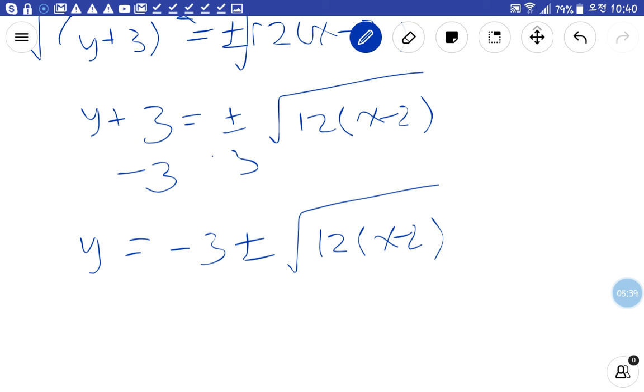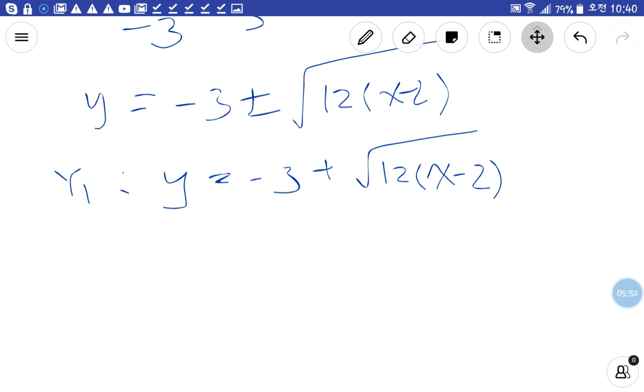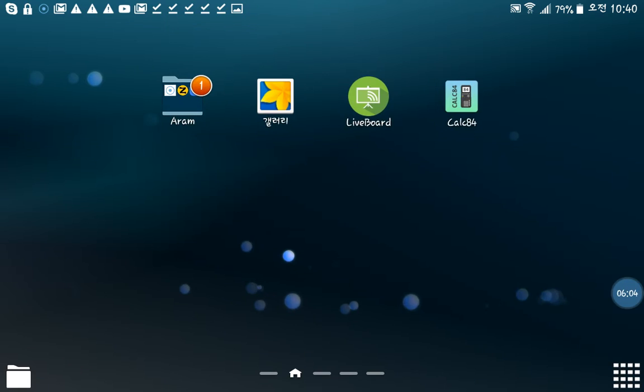So your first y1 would be y equals negative 3 plus the square root of 12 times (x - 2). That's your first graph. Now the second graph, y2, would be y equals negative 3 minus the square root of 12(x - 2). Okay, so I'm going to graph this.